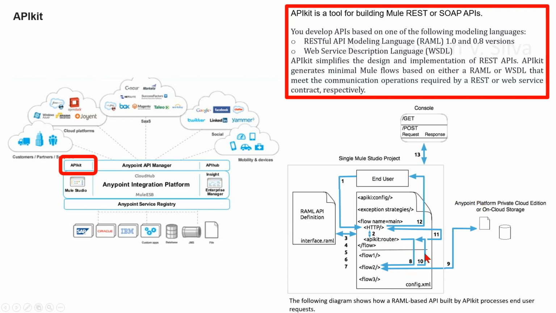In step 11, the router pushes the response to the HTTP or Jetty endpoint. Step 12, the HTTP or Jetty endpoint sends the response to the end user. And step 13, from the console, you can simulate API calls by submitting requests through the web user interface.